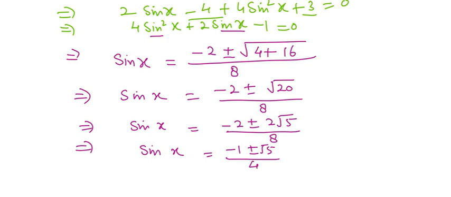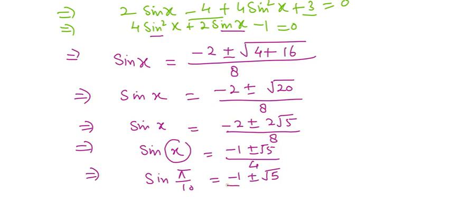Okay, in place of x, as we have already supposed x is equal to pi by 10, this may be replaced as sin pi by 10 is equal to minus 1 plus minus under root 5 upon 4.